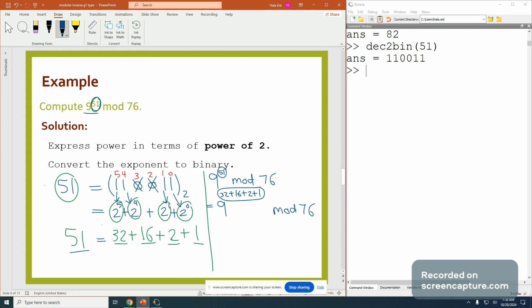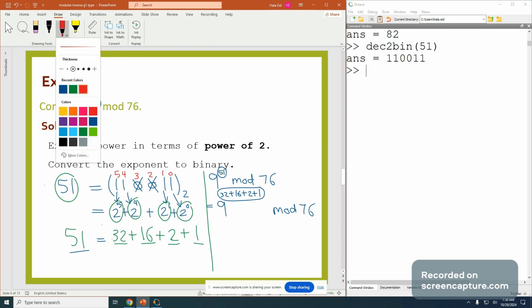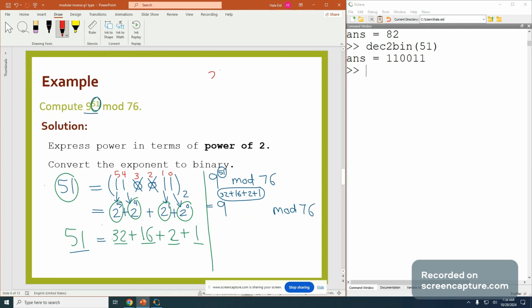Now, on the side, let me just remind you of the rules of indices. If I had x to the power of a times x to the power of b, isn't this the same as x to the power of a plus b? I just have to add the two powers up. So x to the a plus b, I can break down into x to the a times x to the b.